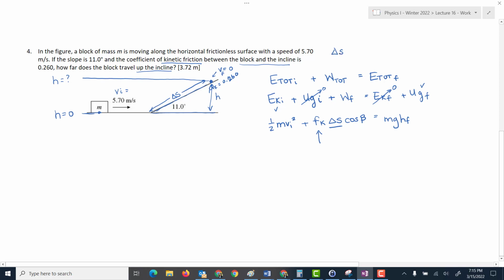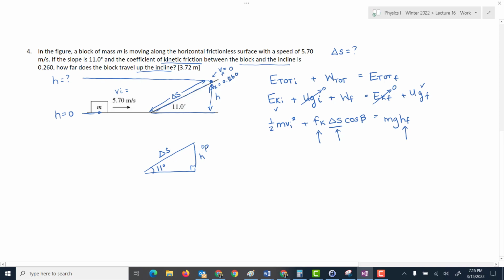Delta S is what we're trying to solve for. Okay, so if we're trying to solve for delta S, we want to keep delta S over here, but the H final that's over here, we're going to want to substitute it out so that it's in terms of delta S instead. So if we redraw this triangle over here, and this is 11 degrees, and this is delta S, and this is H, then what's a relationship that relates delta S to H? So we can use SOHCAHTOA since it's a right angle triangle.